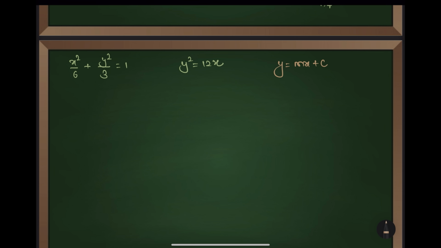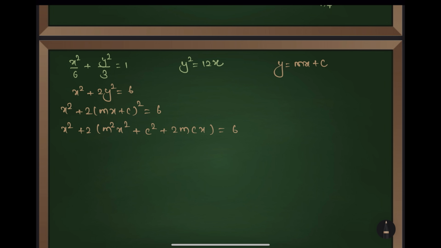I'll substitute. It is x square plus 2y square equals 6. I'll replace y. So x square plus 2 times (mx plus c) whole square equals 6. That gives x square plus 2m square x square plus 2c square plus 4mcx equals 6.